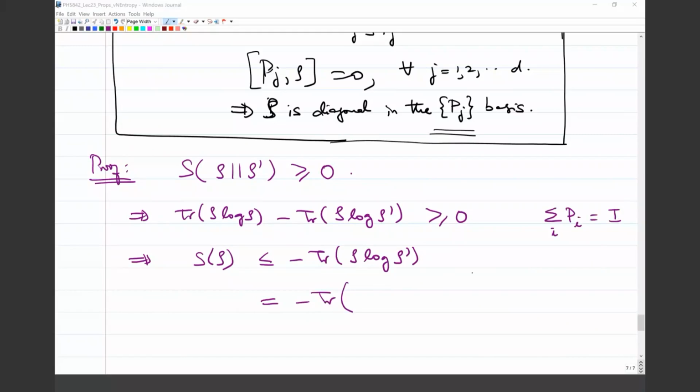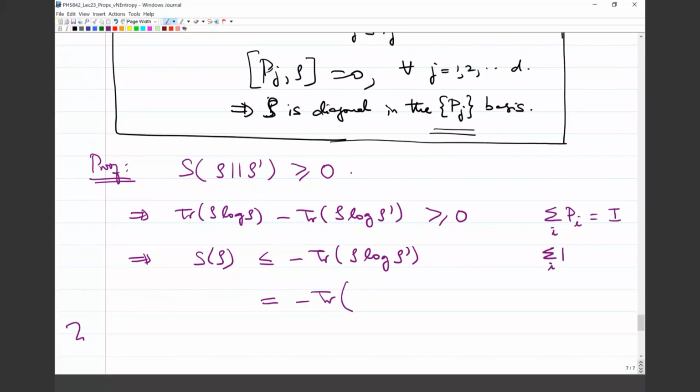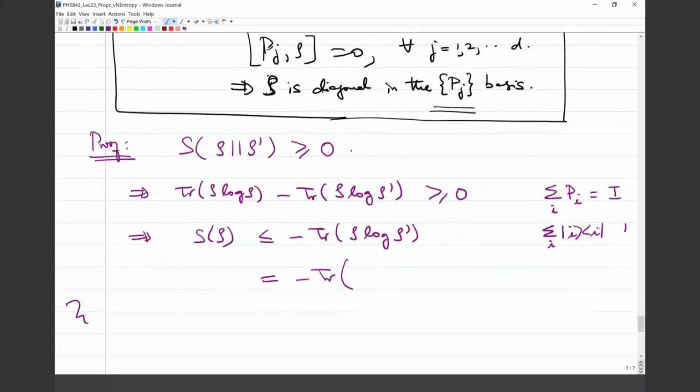If Pi were just rank 1 objects, then this is equivalent to this kind of a statement, where this is equal to identity. So I just insert this identity here.